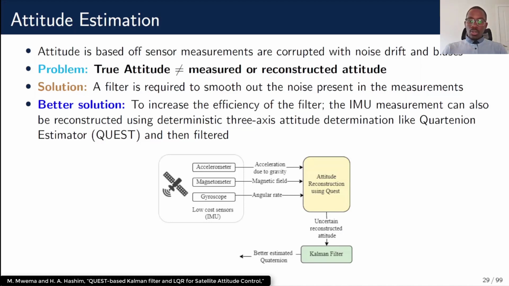So low-cost IMU sensors would feed their data into an attitude reconstruction algorithm like QUEST. And then the uncertain reconstructed attitude would be filtered using a Kalman filter, and a better estimated attitude quaternion would be obtained.